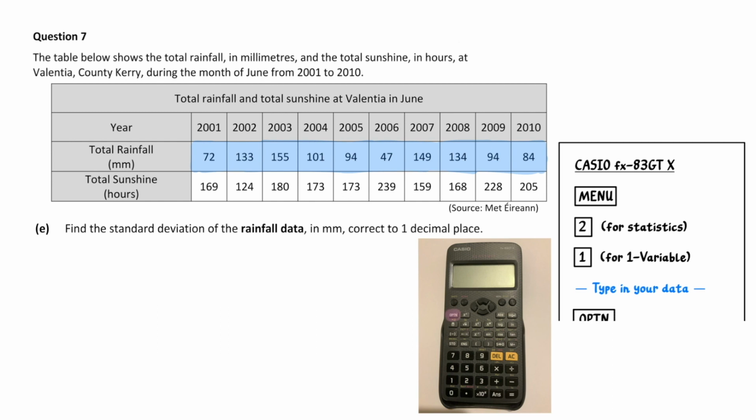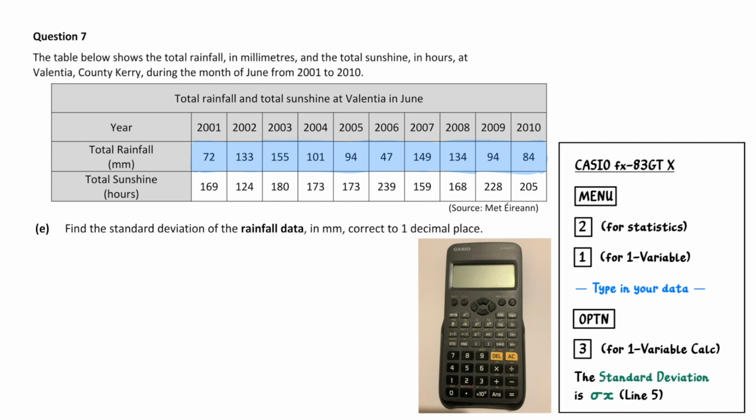After we've typed in our data, we'll press the OPTN button in the top left corner, and then we'll press 3 to select the one variable calc. When we do this, our calculator will display a number of statistics. The standard deviation has the symbol sigma x, and it can be found on line number 5.